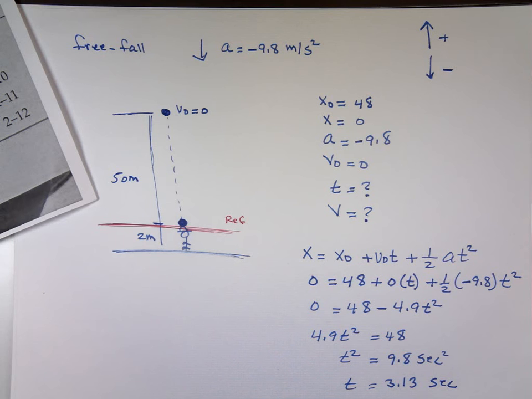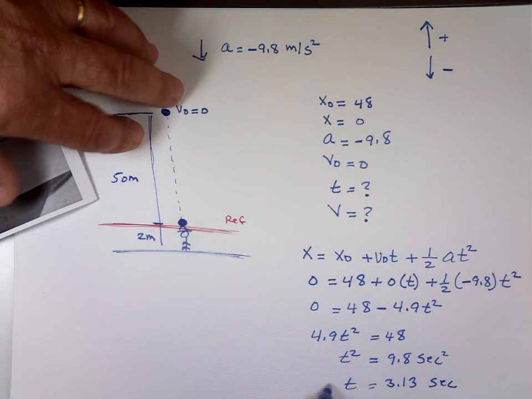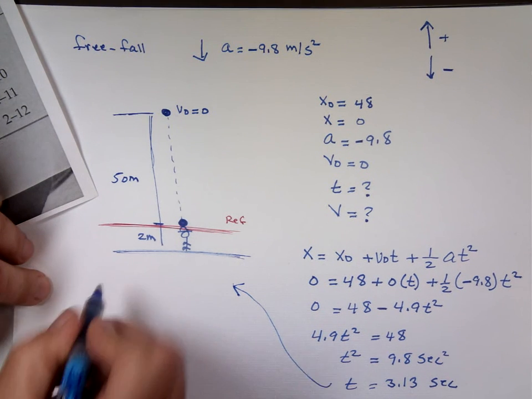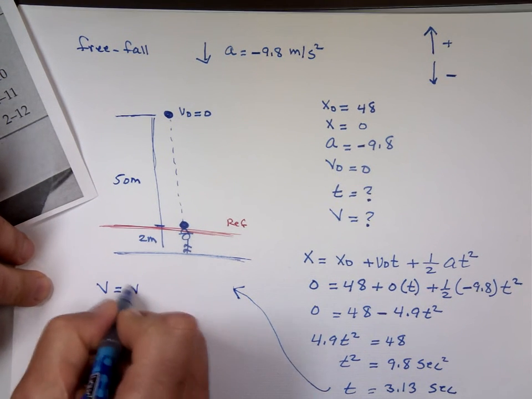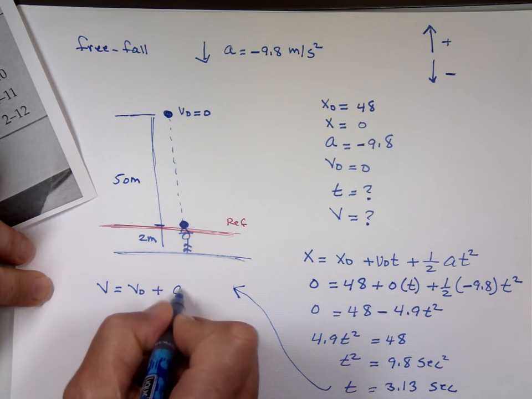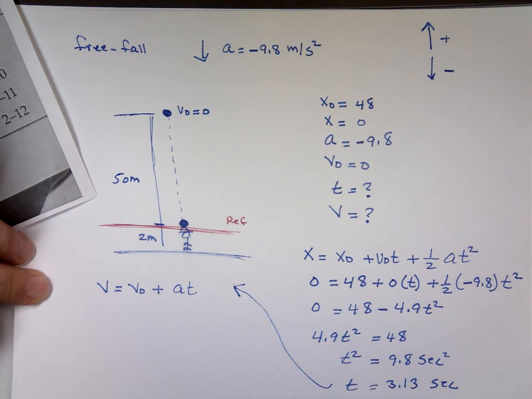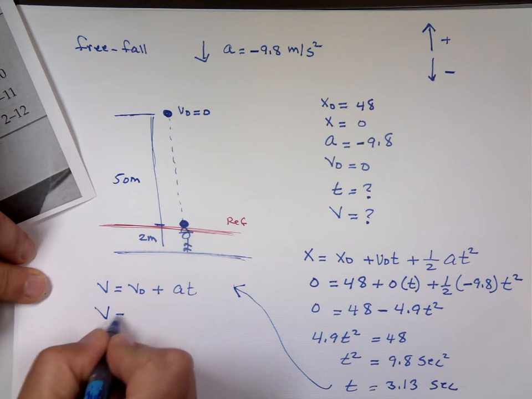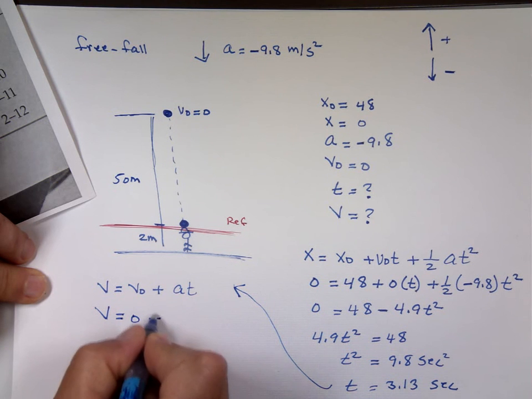Once you know the time, can you find how fast it was moving? I can use this. And it's going to be negative, to indicate it's coming down. It's the direction of it. Acceleration is what? Negative 9.8.